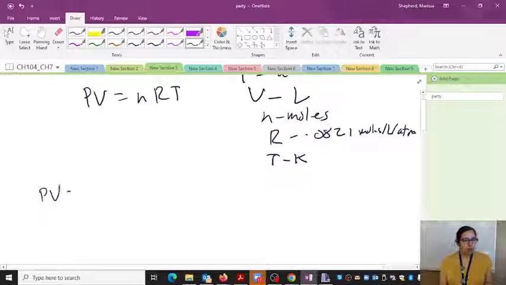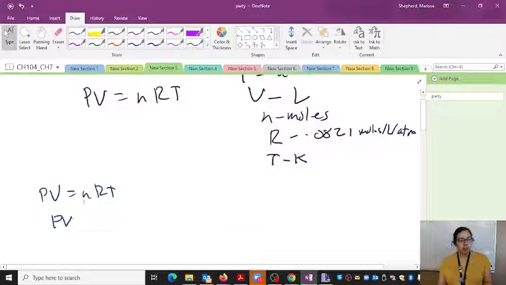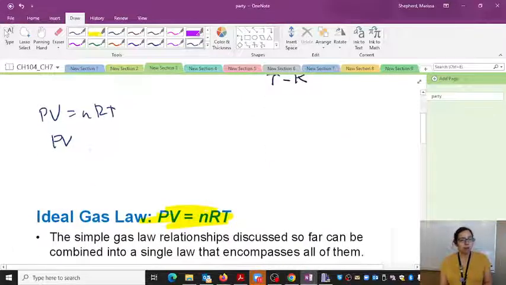So we start with PV equals nRT, but R is just a constant, so it's just a number. So now we could rewrite this as PV, and I'm just solving for R now, divided by n divided by T is equal to R.